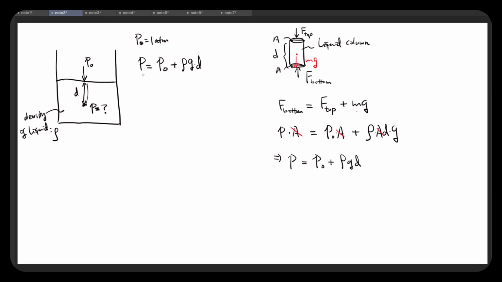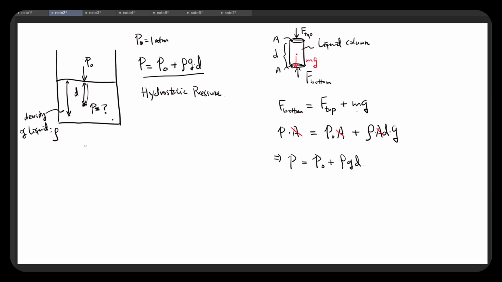Okay, so this equation is called hydrostatic pressure. So now with this pressure formula, we can calculate the pressure at any point, as long as we know its distance to the surface.